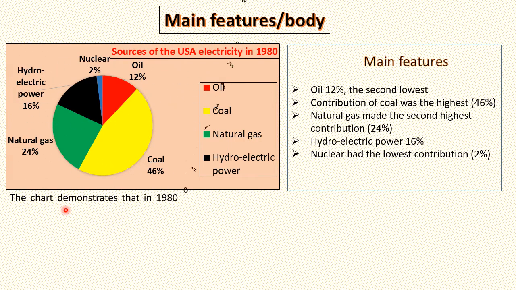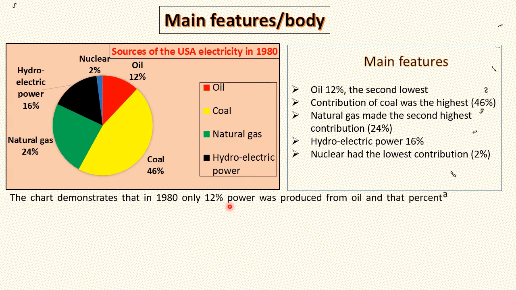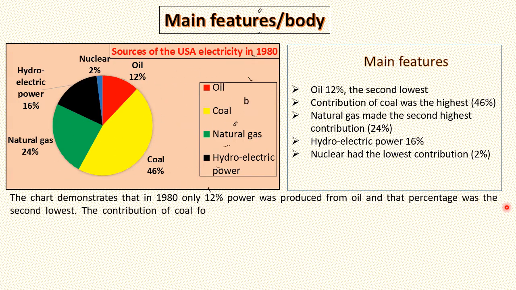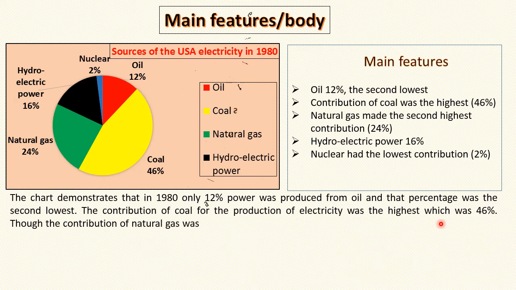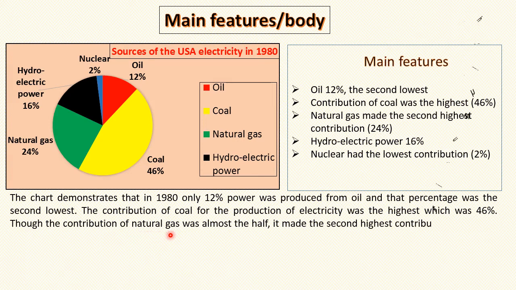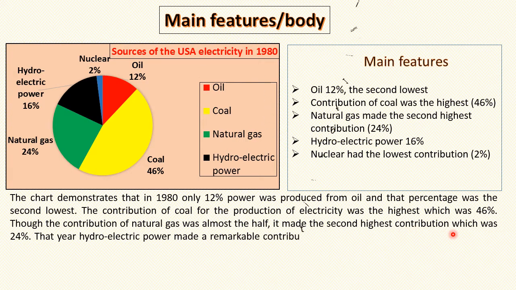The chart demonstrates that in 1980 only 12% power was produced from oil, and that percentage was the second lowest. The contribution of coal for the production of electricity was the highest, which was 46%. Though the contribution of natural gas was almost the half, it made the second highest contribution, which was 24%.